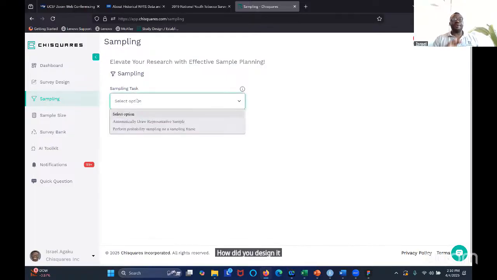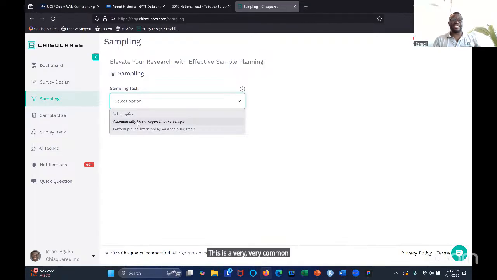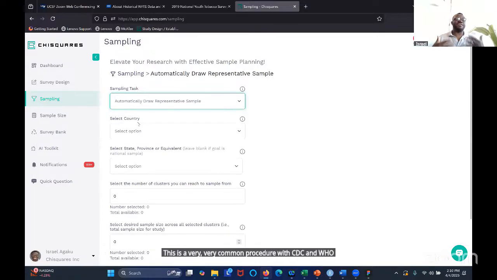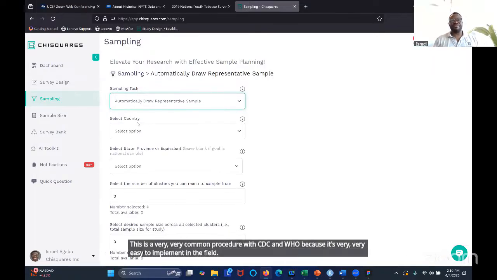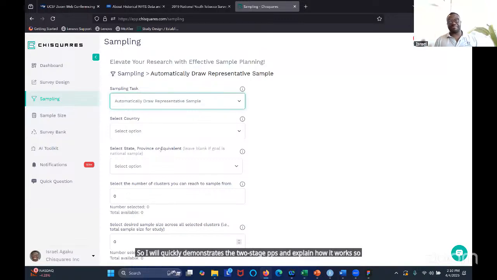So by default, the platform uses a same or equal probability selection in cluster sampling, and that's to make your life easy. This is a very, very common procedure with CDC and WHO because it's very, very easy to implement in the field. So I will quickly demonstrate the two-stage PPS and explain how it works so that we can understand it conceptually at least.